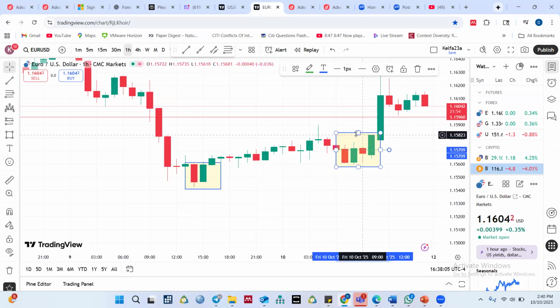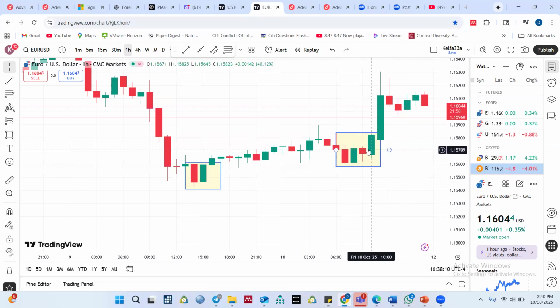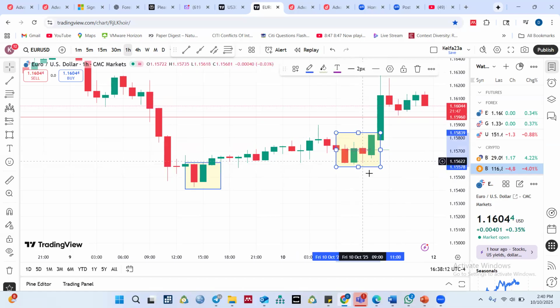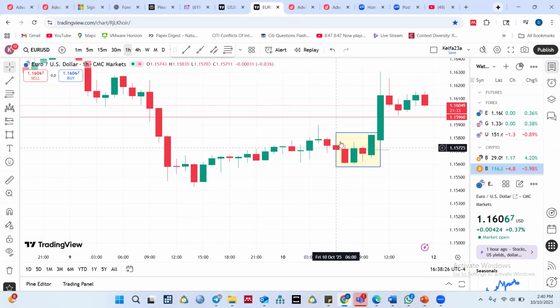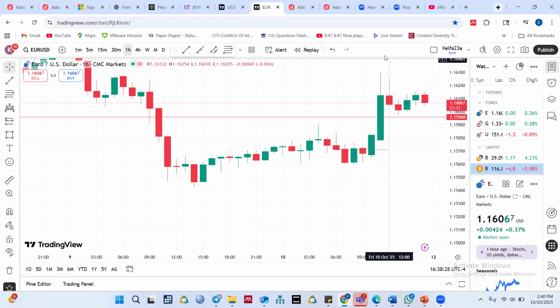So this is what we call engulfing. The meaning of this is that the buyers are engulfing, the buyers are taking charge, the buyers have overshadowed the sellers. So it's very crucial for us to understand rejection and engulfing.